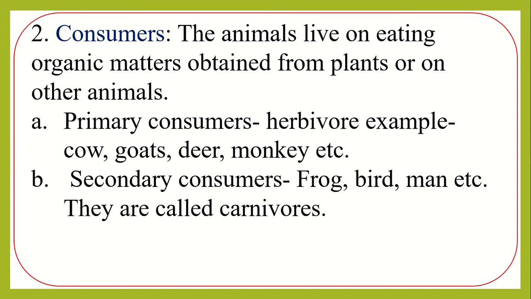Secondary consumers: frog, bird, man, etc. They are called carnivores. You may ask, what is carnivore? Carnivores are animals that eat herbivores. That means carnivores take herbivores as their food.